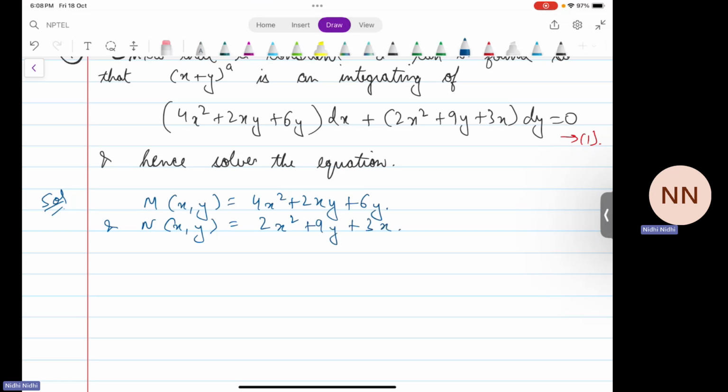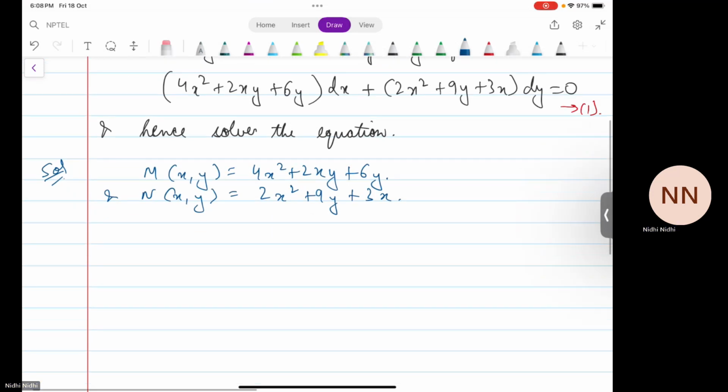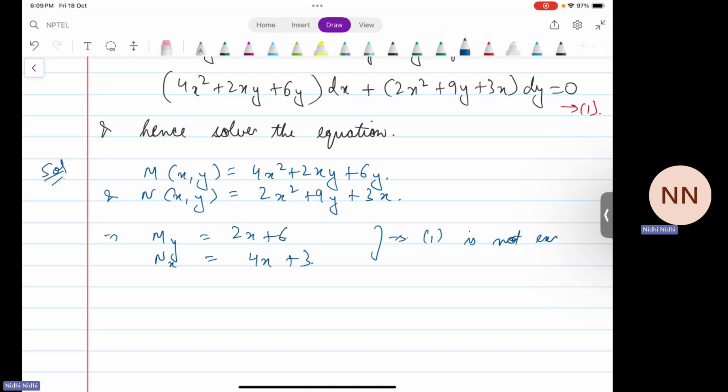If you remember, this equation is exact only if del M by del y is equal to del N by del x. Here, the derivative of M with respect to y is 2x plus 6, and that of N with respect to x is 4x plus 3. Clearly, these two are not equal. Therefore, equation 1 is not exact.